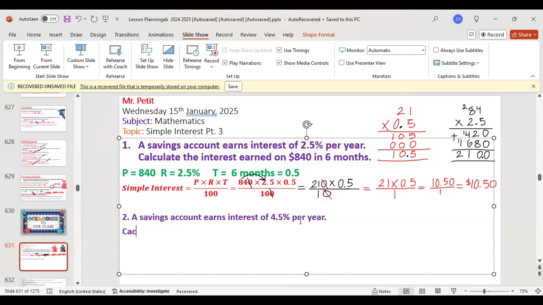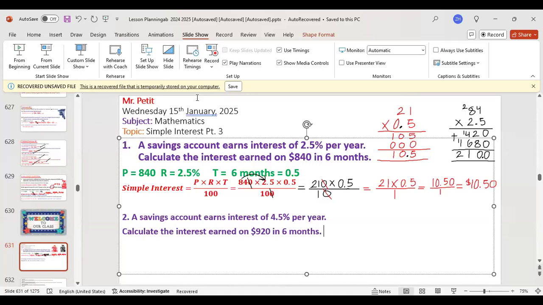Calculate the interest earned on, let's say, $920 in 6 months.